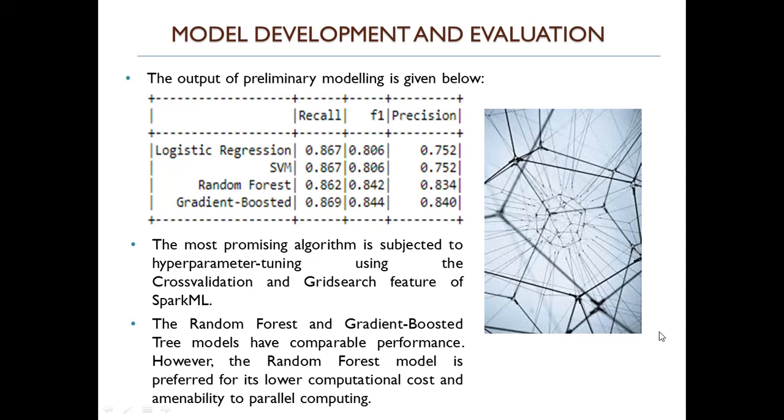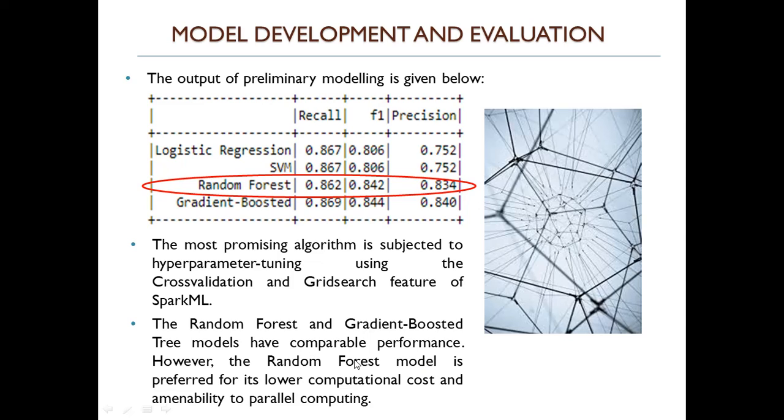So the output of preliminary modeling is given below. We can see the metric results for logistic regression, support vector machine, random forest, and gradient boosted trees. The random forest and gradient boosted trees have comparable performance.